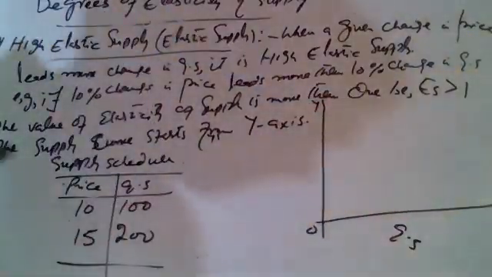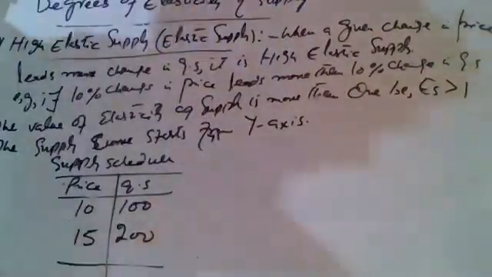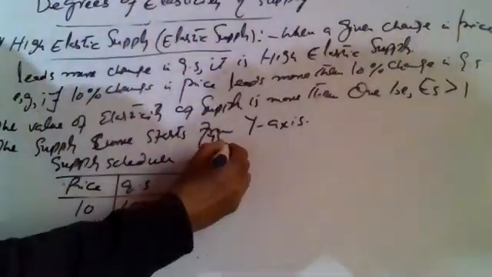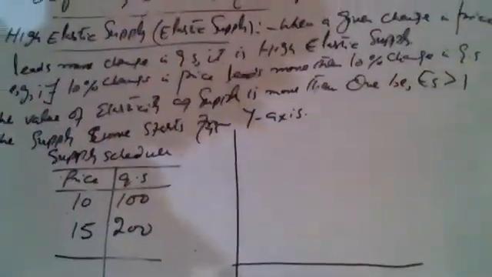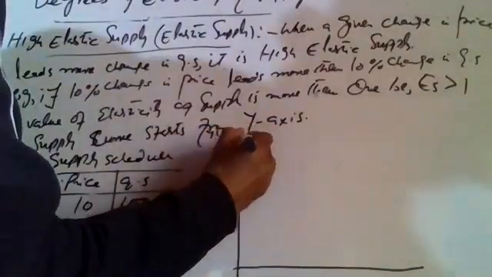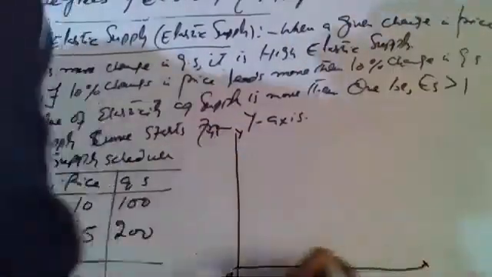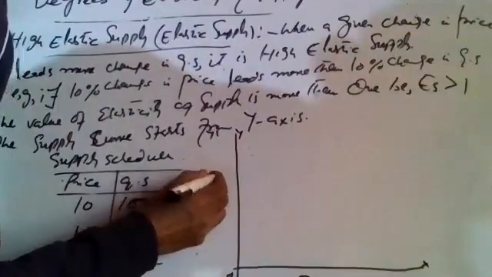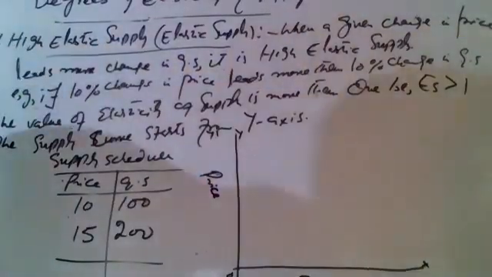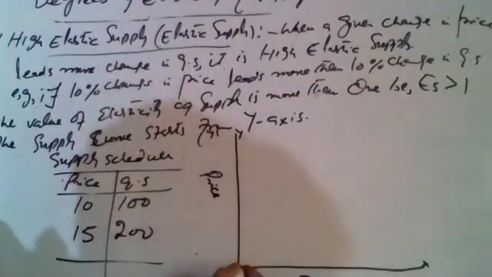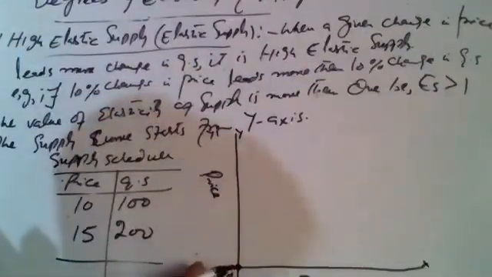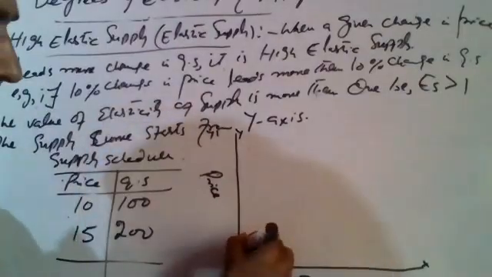Okay? The supply curve starts on the y-axis, above the origin. It is not at the origin, where you show 0, 0.